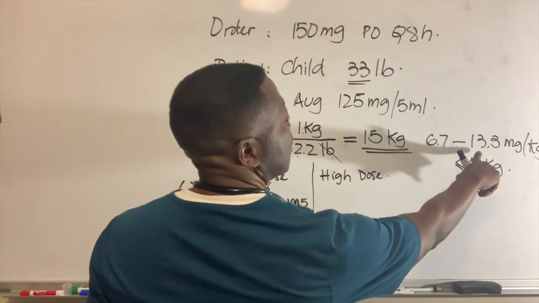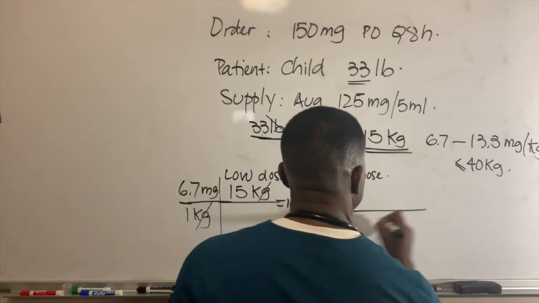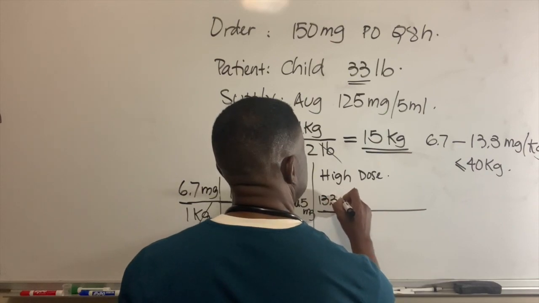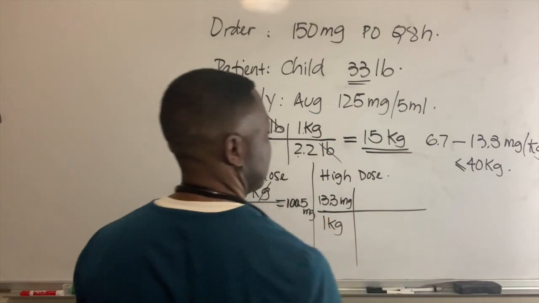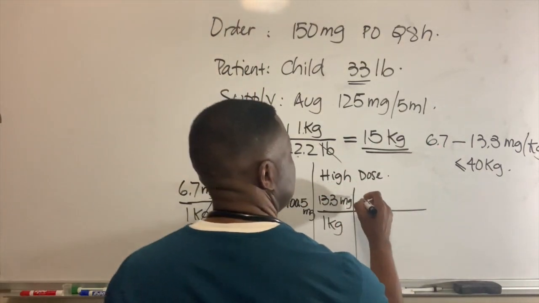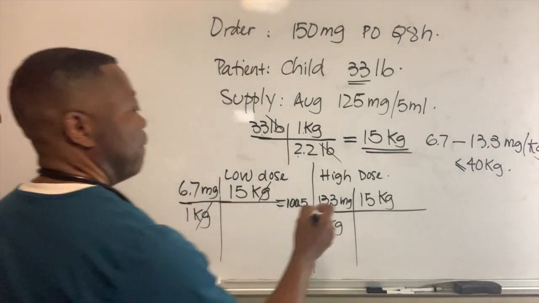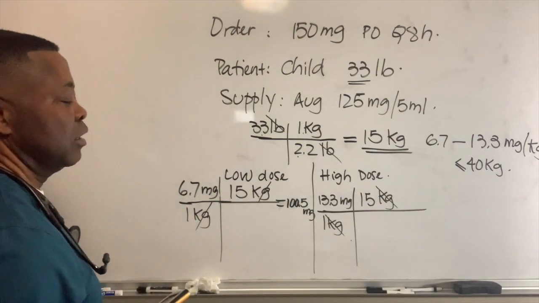The high dose is 13.3 milligram per kilo. So here I have 13.3 milligram for 1 kilo, and the child weight is 15 kilogram. Kilogram cancels out.